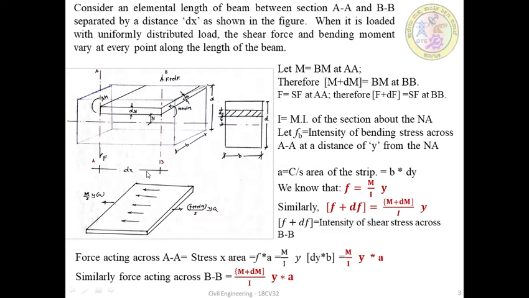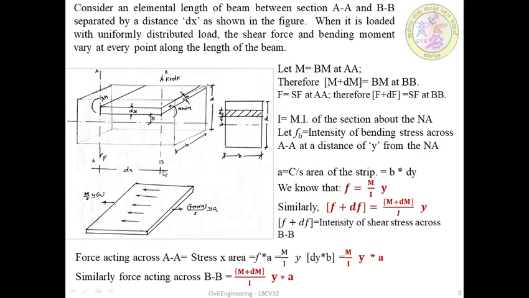As the distance varies, the bending moment also goes on varying. Similarly, consider the shear force at section AA as F. Therefore, the shear force in the other direction will be F plus dF at section BB, since as the length varies, shear force also goes on varying.